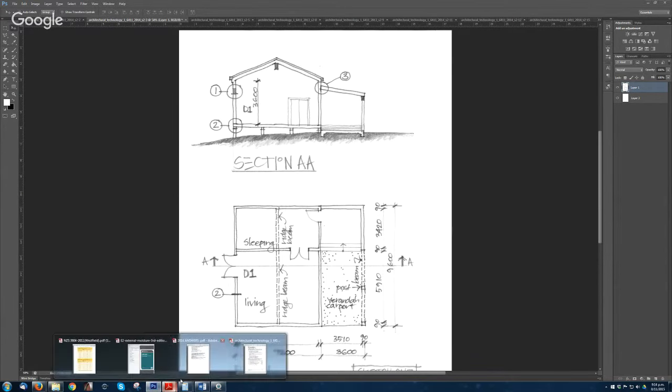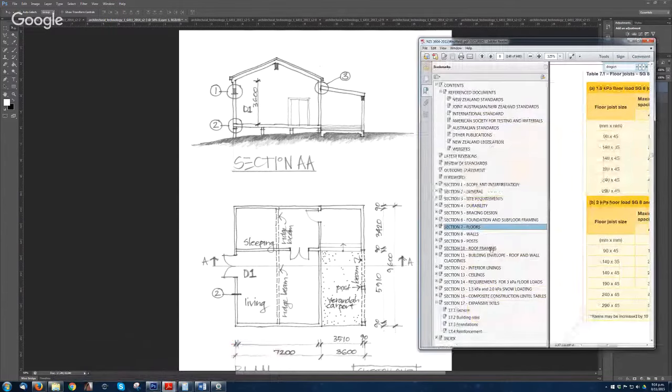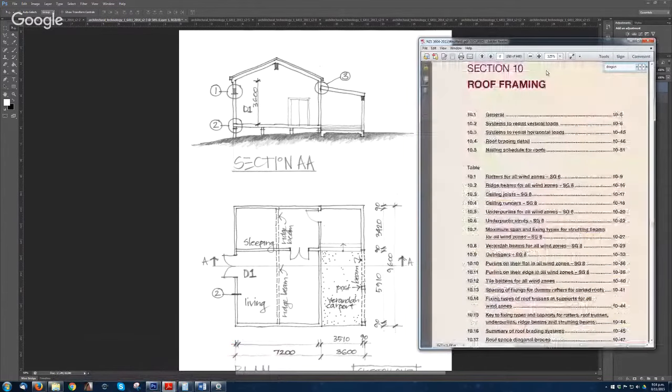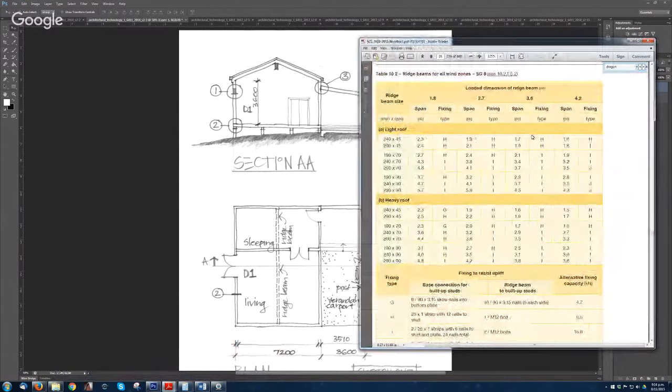And now that you know that, you go back to your 3604 fixing roof framing table. Ridge beam for all wind zone. Okay, so now we know that the loaded dimension on that ridge beam is 3.6, so it's going to be somewhere over here.